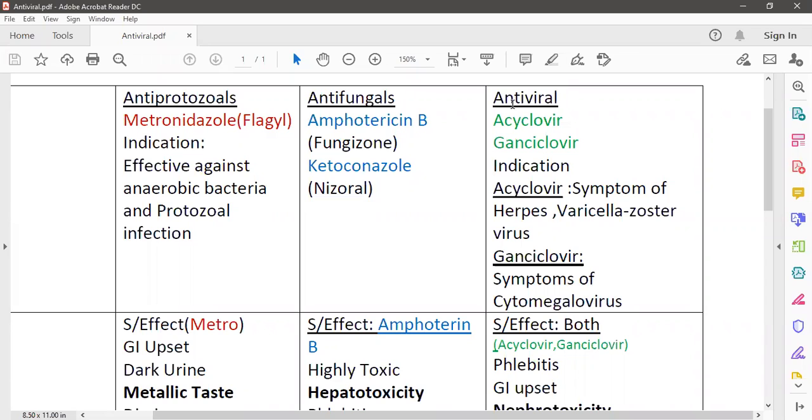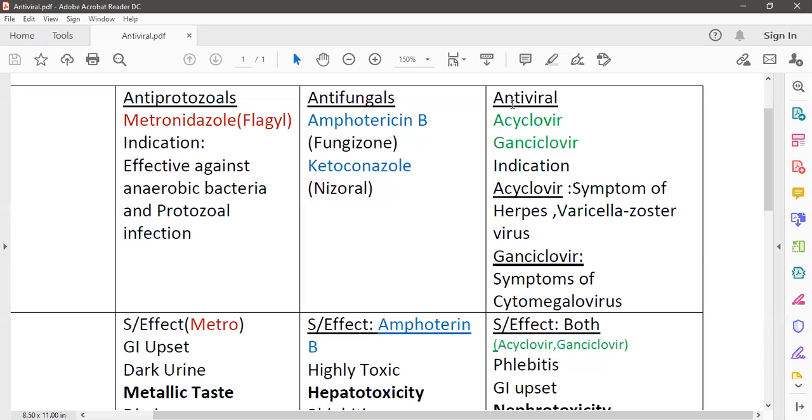Protozoal infections most commonly cause very bad diarrhea, and sometimes bloody diarrhea. So metronidazole is used to treat any infection in the GI, gastrointestinal system, basically.